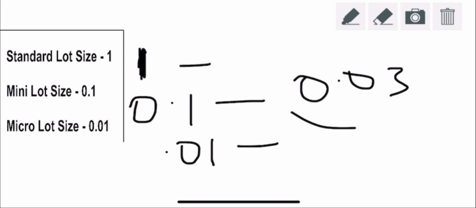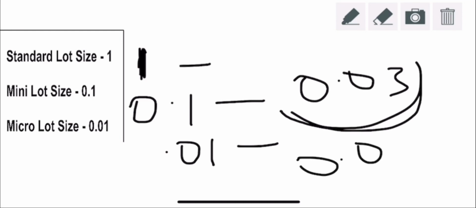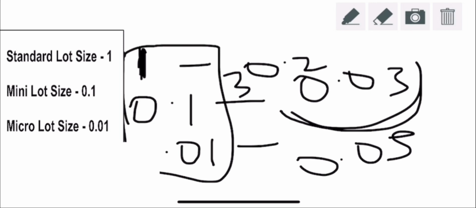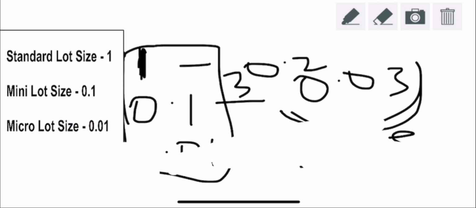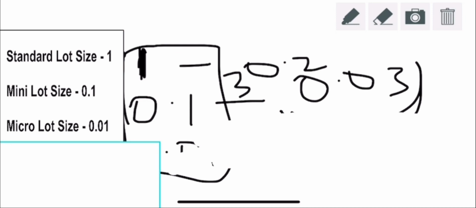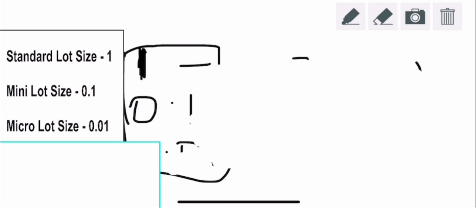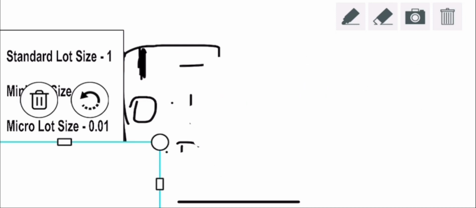You can buy 0.03 quantity of that commodity. You can buy 0.05 quantity. You can buy 0.2. You can buy 3. You understand? But this just stands for the standard. So let's now move over to another part of this lot size I want you to understand.